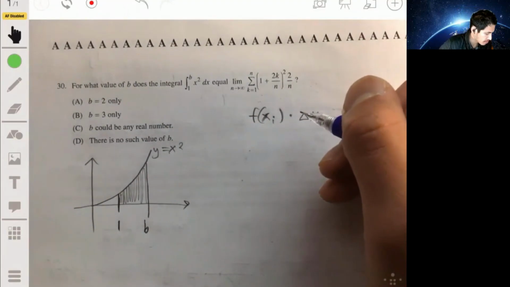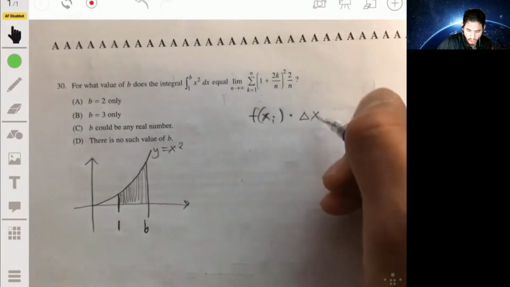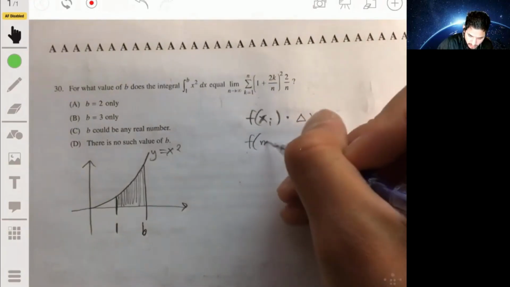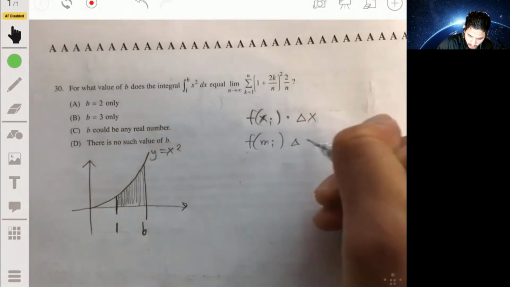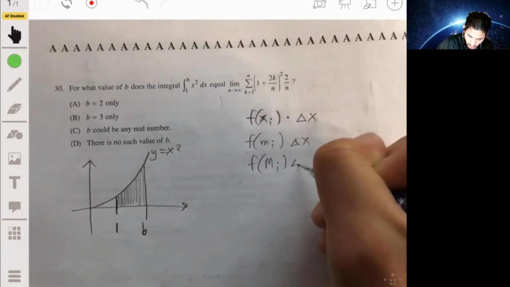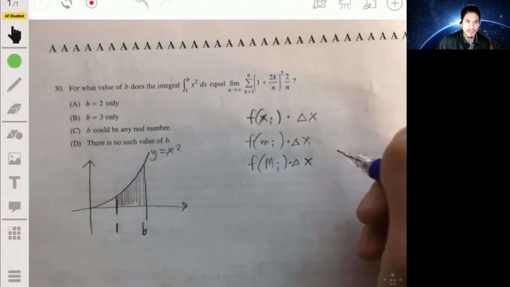Sometimes in the book you had m sub i, like a lower sum or upper sum. That's not too important, exactly what notation your textbook may have used.